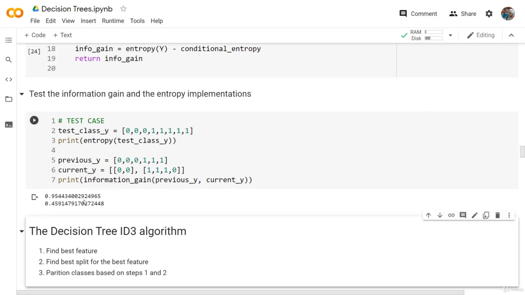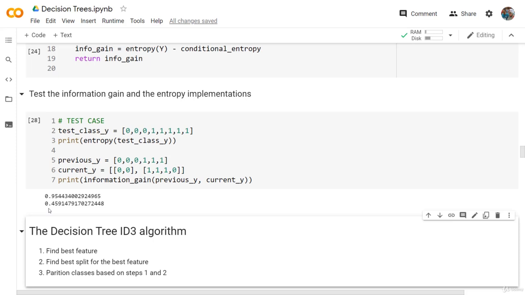So that's why you are seeing that the information gain is 0.45. The information gain number by itself doesn't really represent anything understandable, but when we compare the information gain after the first split, the second split, the third split, you will understand better what we are saying. Okay, so this is the implementation for the information gain and for the entropy.